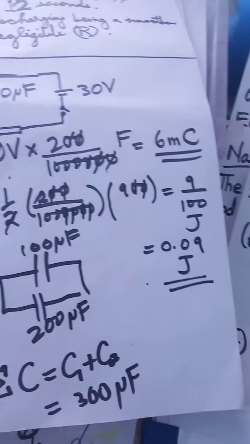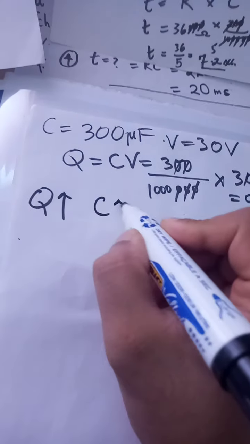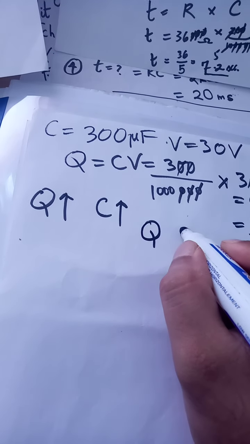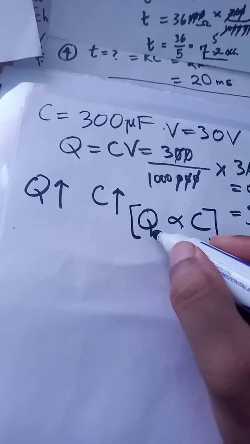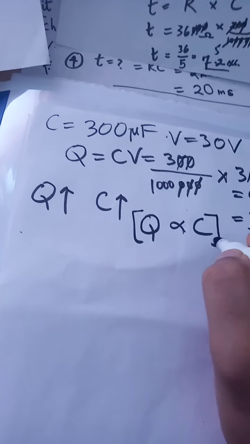So first it was 6 millicoulombs, and now it's 9 millicoulombs. So the charge has gone up with the capacitance. Why? Because Q and C are directly proportional. So if the capacitance goes up, the charge will go up as well.